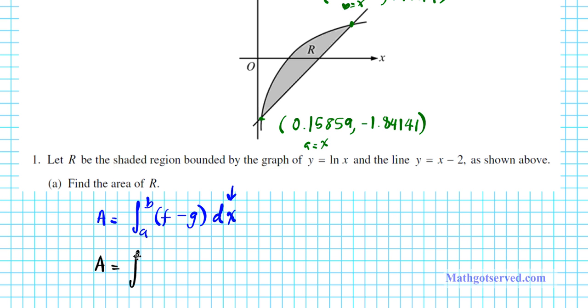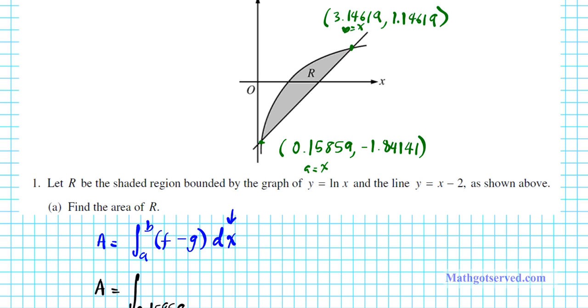So we're integrating from, the lower limit is the smaller x value, 0.15859, and the upper limit is 3.14619 times, now f. Remember for this formula, g is less than f.